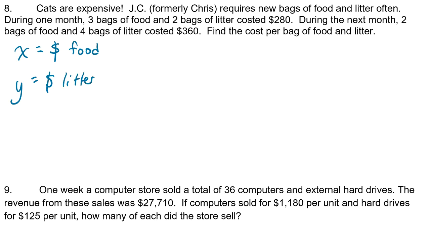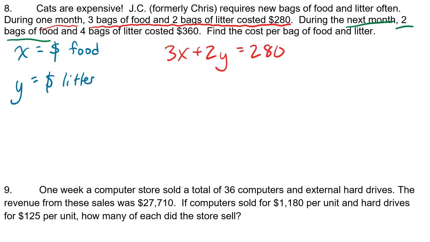All right, so for the first month, 3 bags of food and 2 bags of litter cost $280. So as we read that off, we can replace the food and litter with X and Y because those are the prices that we want to know. So 3 bags of food, X, 2 bags of litter, Y, cost $280.